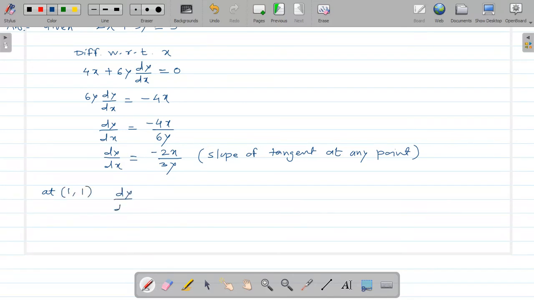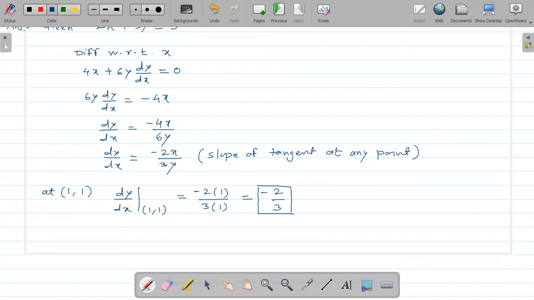So dy by dx at (1, 1) means we have to put the value of x as 1 and value of y as 1 in the slope. So here it is minus 2 into 1 upon 3 into 1. So in short, you will get minus 2 by 3 as the slope of the tangent at point (1, 1).